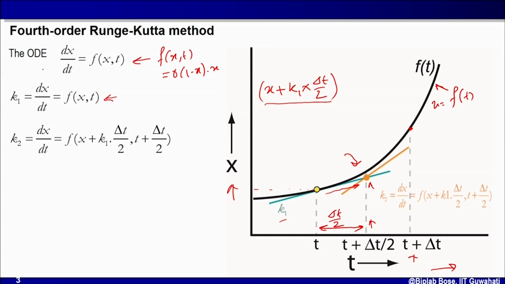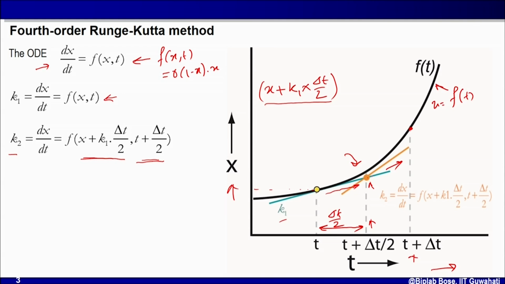So using this differential equation dx dt, I calculate the slope of this orange line drawn at this orange dot. That will be equal to k2 equal to dx dt equal to function of x plus k1 into delta t by 2 and t plus delta t by 2, because these positions' coordinates are t plus delta t by 2 and x plus k1 into delta t by 2.